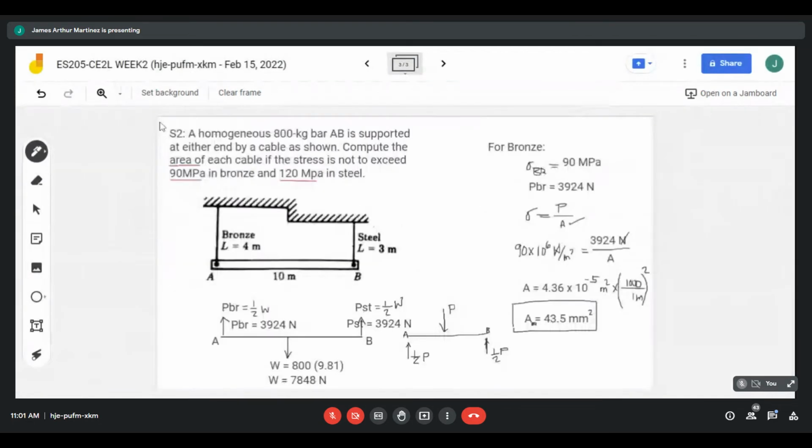Since wala man gi-indicate sa problem if as to what unit nimo express ang area, technically correct ra gyapon na imong area nga naka square meter. But as traditional approach or conventional approach in solving this kind of problem, express nato siya in terms of millimeters.